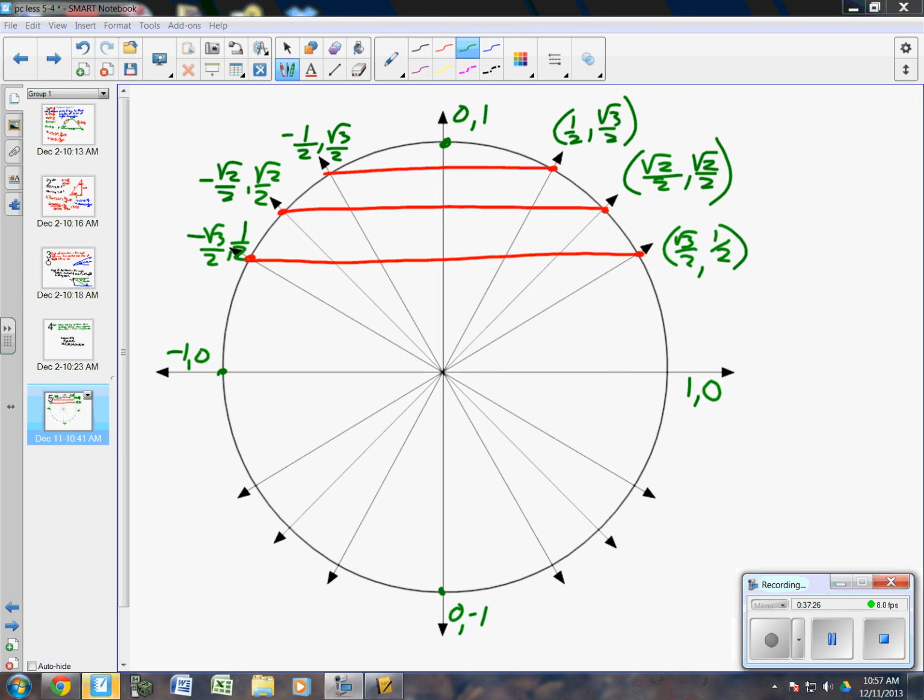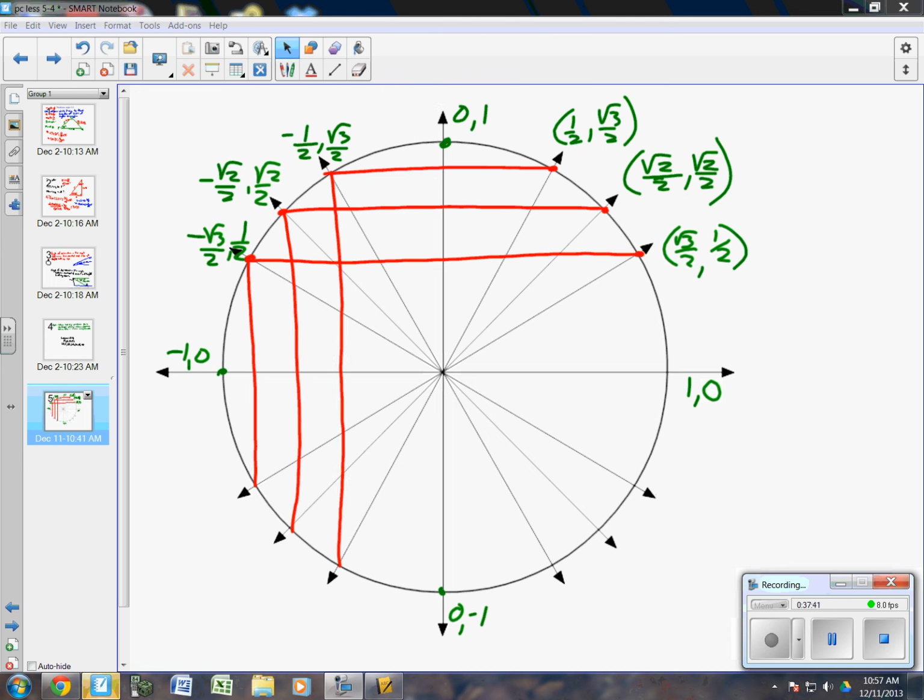Okay, going down this way. This one is a reflection of that one. This one, a reflection of that one. And this one is a reflection of that one. The only difference is x and y. You go left, so x is negative. Y is down, so it's negative as well, right?